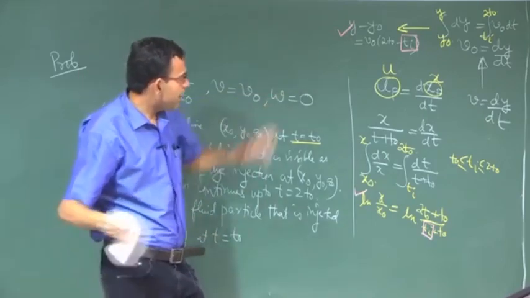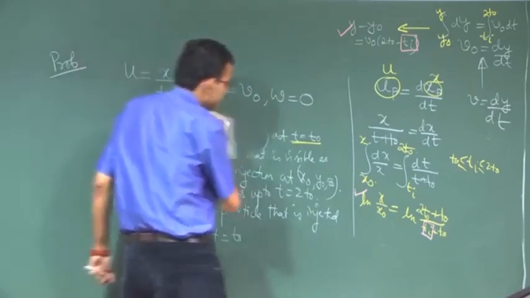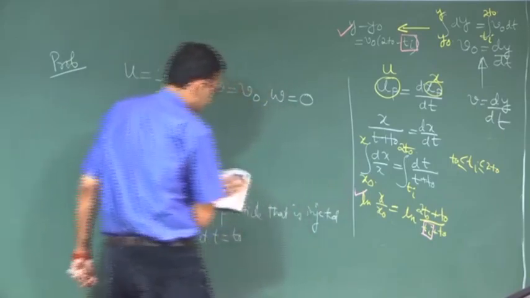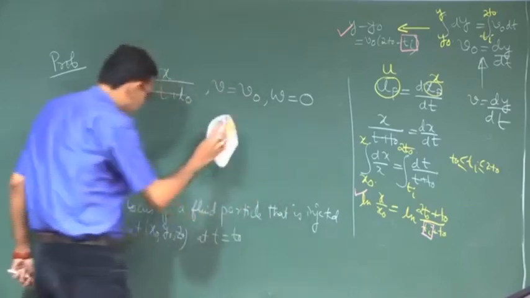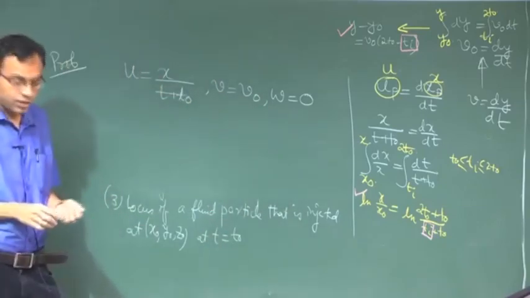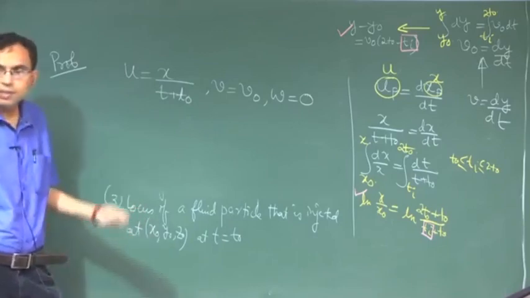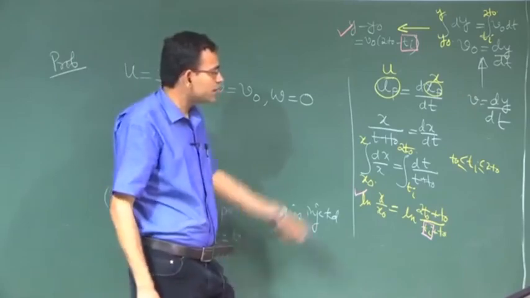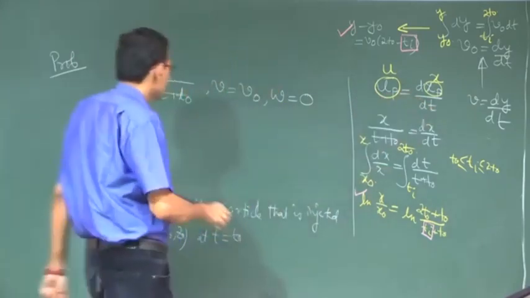We will keep this part of the board now and find the locus of a fluid particle that is injected at x0, y0, z0 at t equal to t0. This is the path line. So, why the students are confused is because your starting step is still the same, u equal to dx dt.